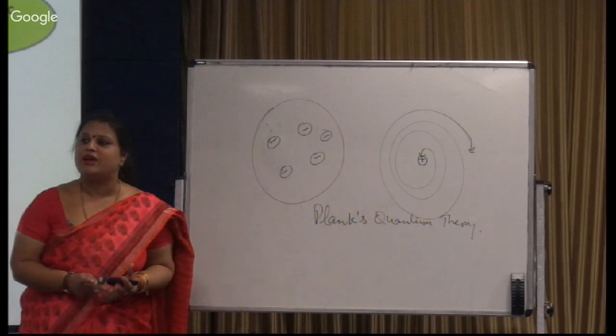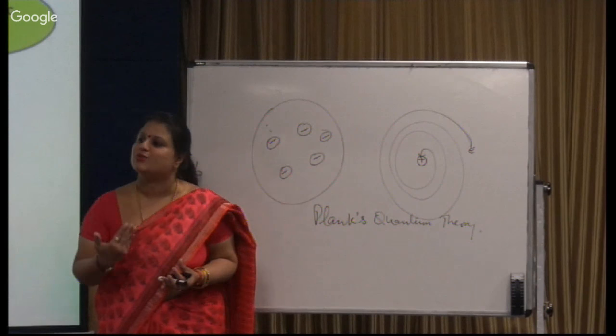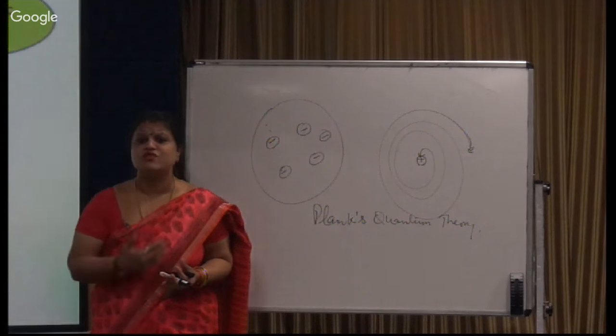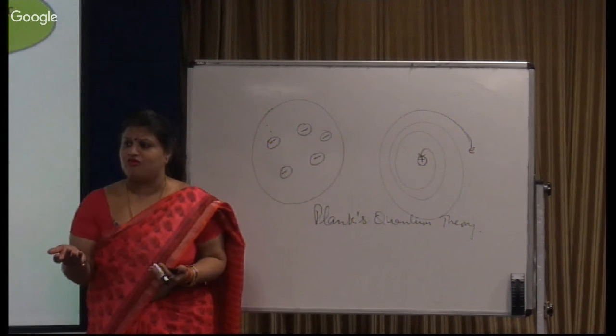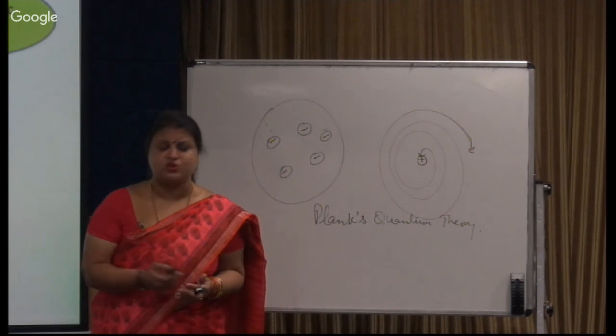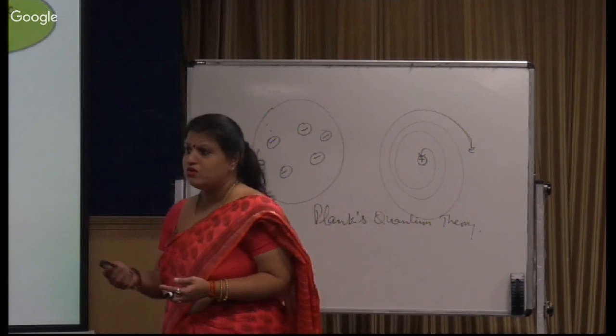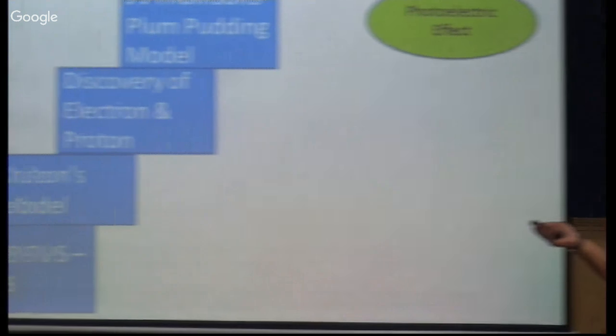Now there are various phenomena which tell about the particle as well as wave nature. One such phenomenon which tells us about the particle nature is the photoelectric effect. Though we discussed the photoelectric effect last time also, I am repeating it and we'll be discussing it in greater depth now.